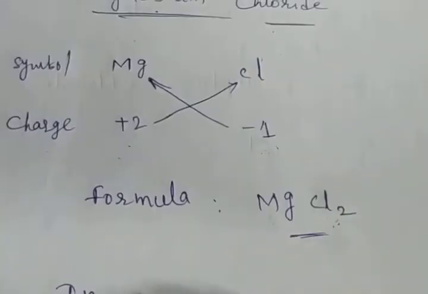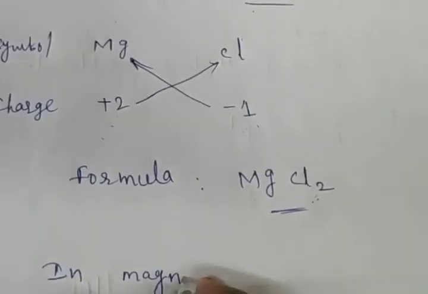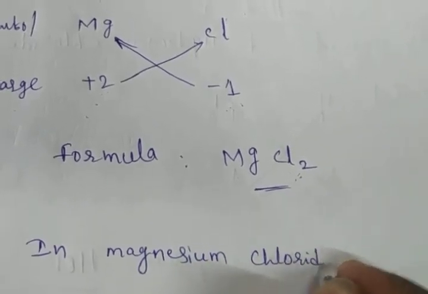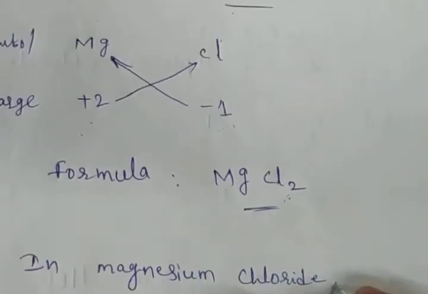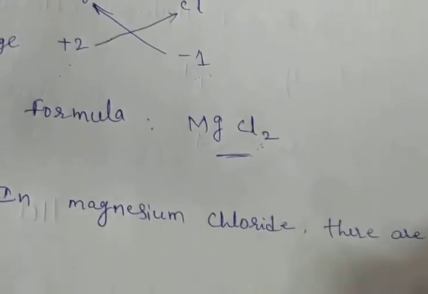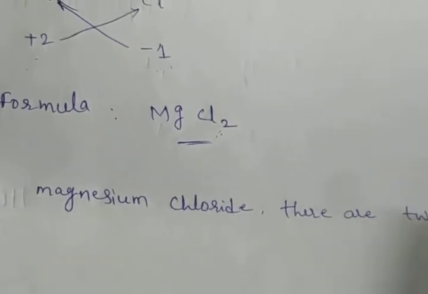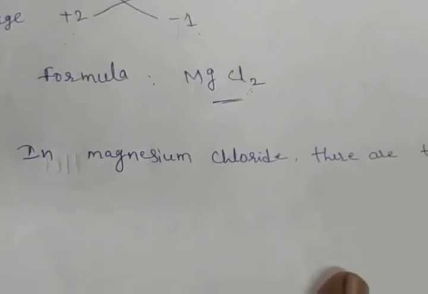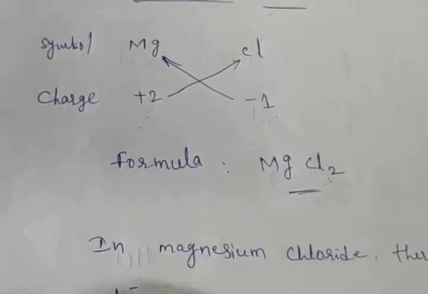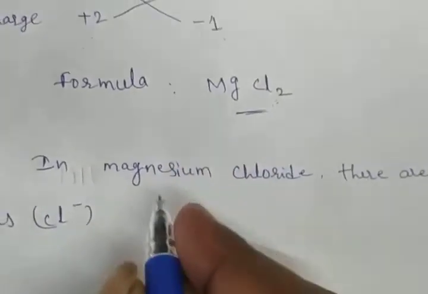In magnesium chloride there are 2 chloride ions, Cl minus.